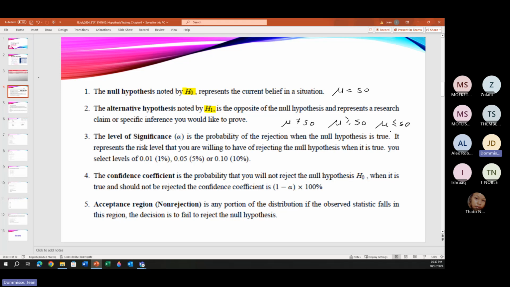There will always be a null hypothesis and an alternative hypothesis, and they need to tell you. They might give it in this format, or they might use words.